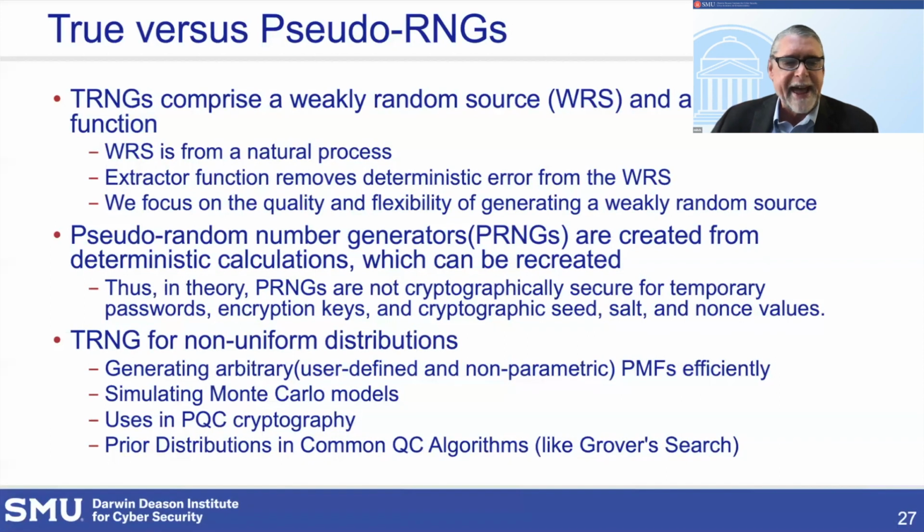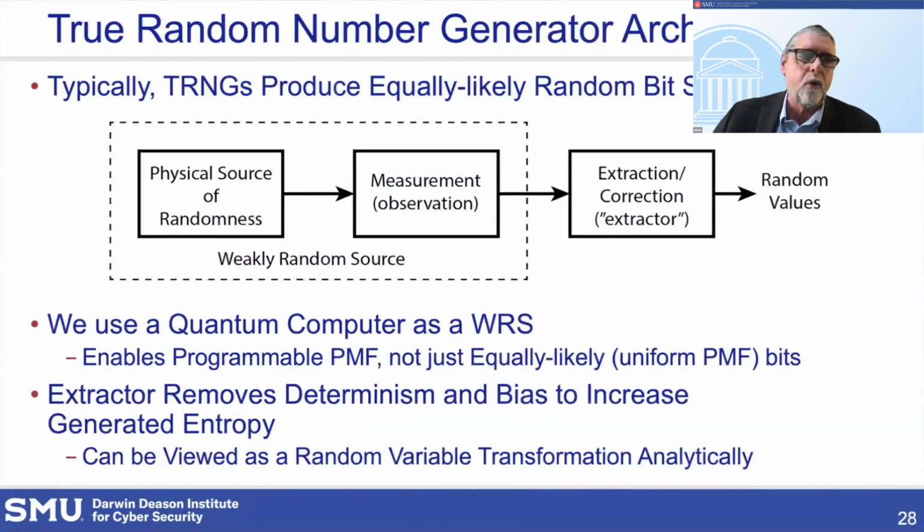So that's the idea here, is that we're going to build a TRNG wherein our physical source of randomness is the quantum measurement. And so the weakly random source comprises this inherent quantum mechanical characteristic due to Born's rule and the measurement.